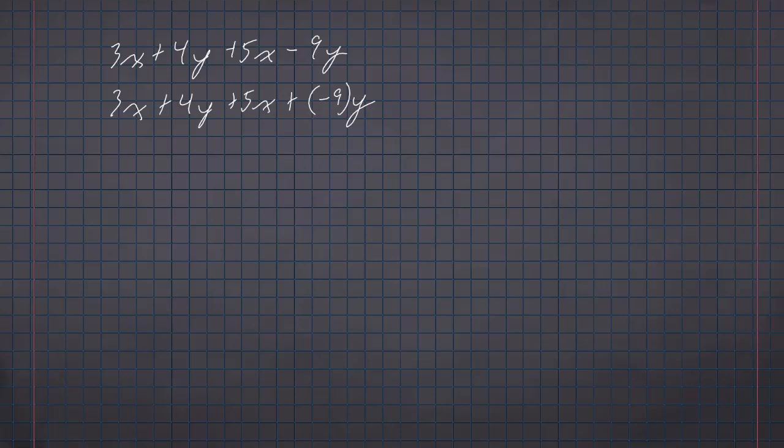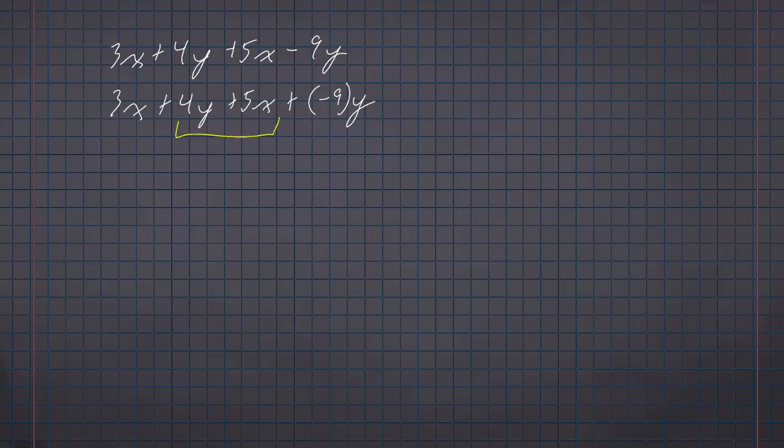Now, everything in this expression is addition. And we have the commutative and associative properties of addition. Technically speaking, this is a 5-step process, but no one ever writes out all of those steps.